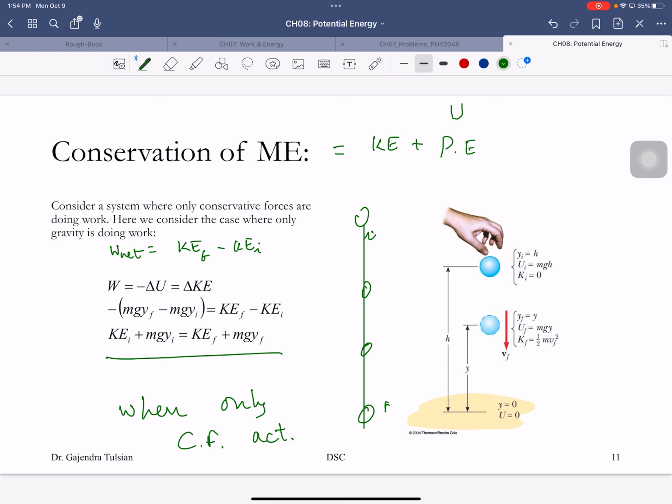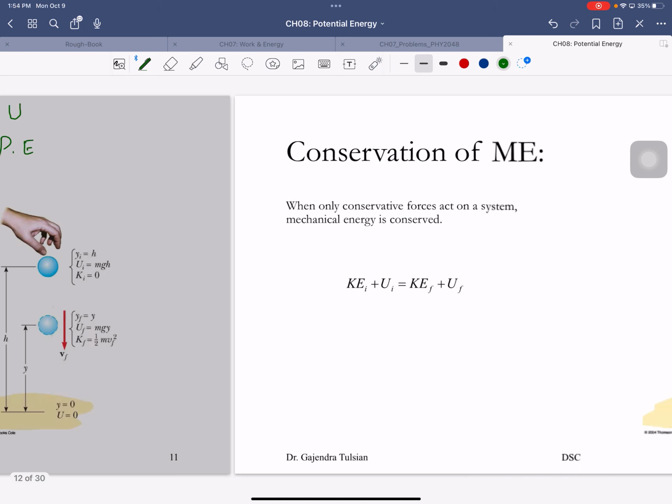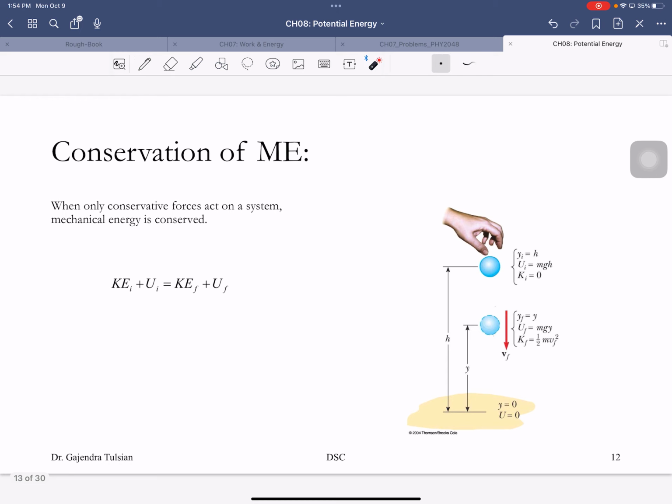So this works when you toss a ball and there are no drag forces. When only conservative forces act, mechanical energy is conserved. So the mechanical energy of this object falling down is the same at all locations.